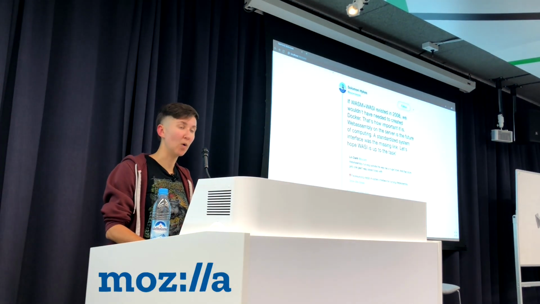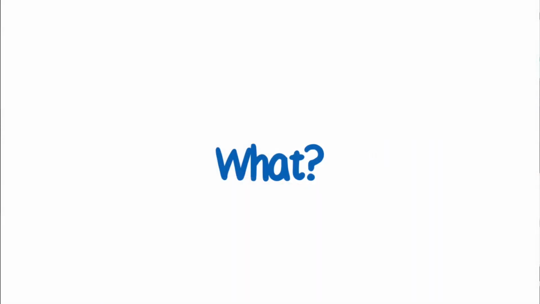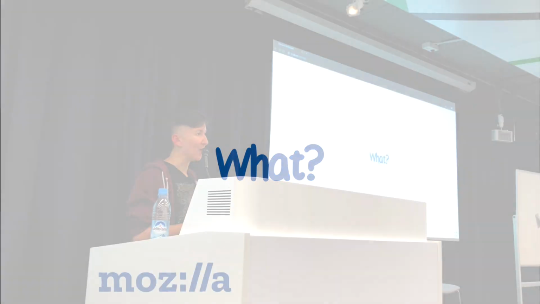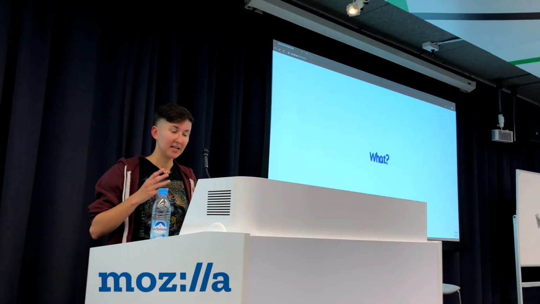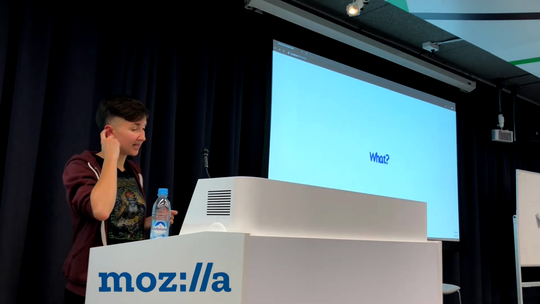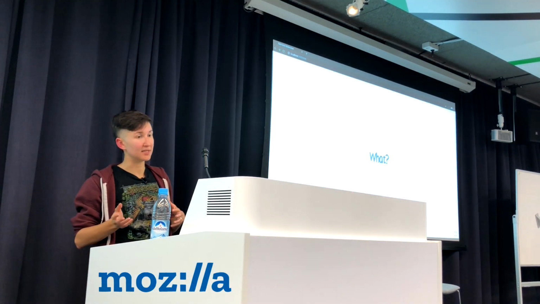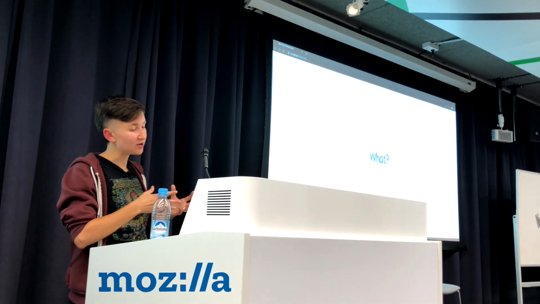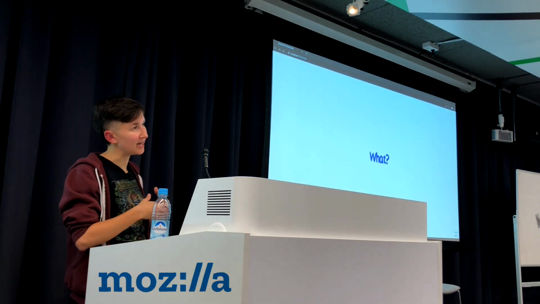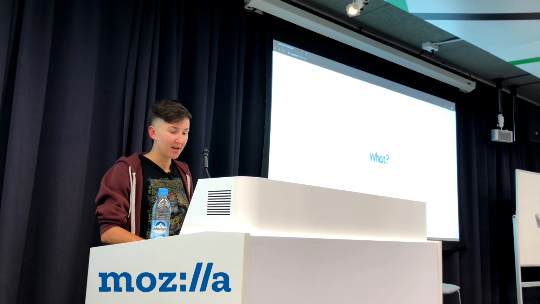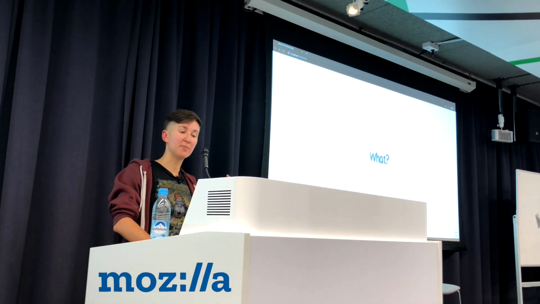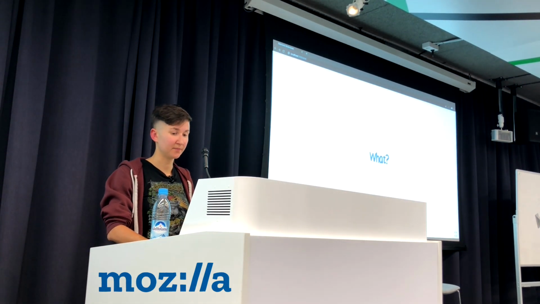Now let's look at the what of this. Let's look at what exactly WASI is. When I was introducing WebAssembly, I talked about how it was an assembly language for a conceptual machine, not for an actual physical machine. And so this is why it can run across a bunch of different machine architectures.